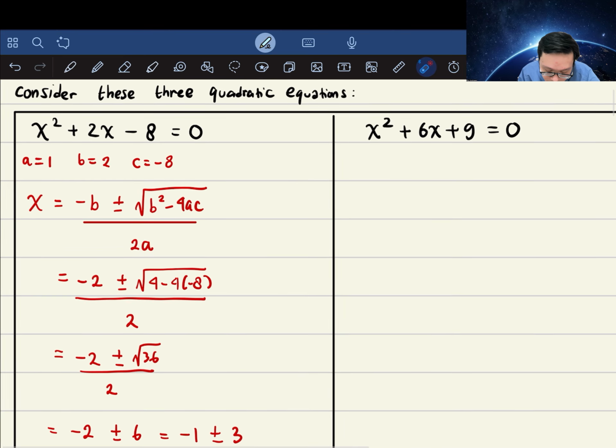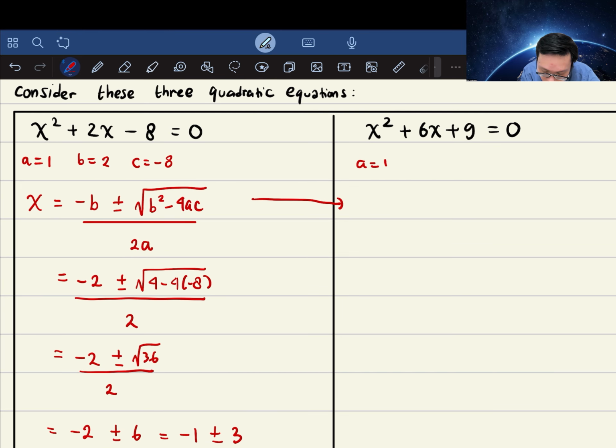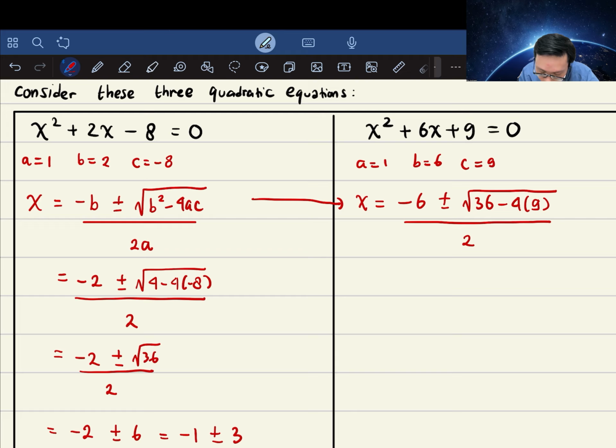Now, using the same formula, let's solve the second one. A is 1, B is 6, and C is 9. So we get x equals minus b, minus 6, plus minus square root of b squared, so 6 squared, 36, minus 4 times 1 times 9, over 2a, which is 2.